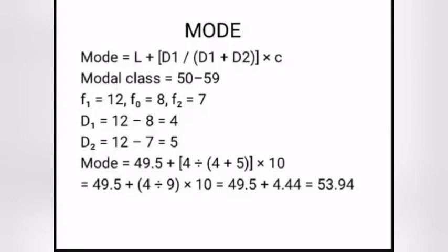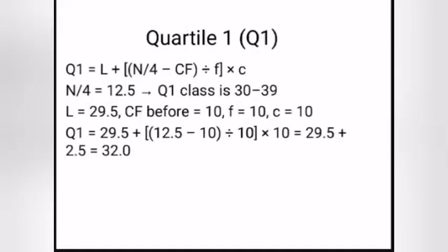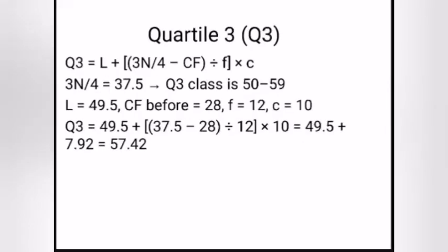So we found the mean, we found the median, and we found the mode. So now we want to find the quartile. That's first quartile, quartile 1, which is also the same thing as lower quartile. I also want to find quartile 3, which is the same thing as upper quartile.